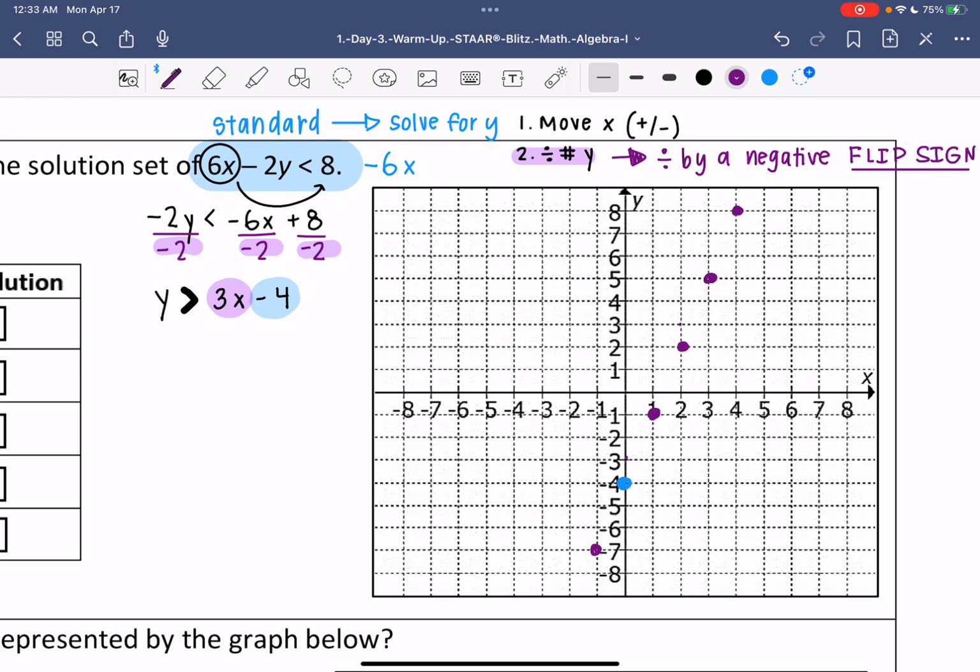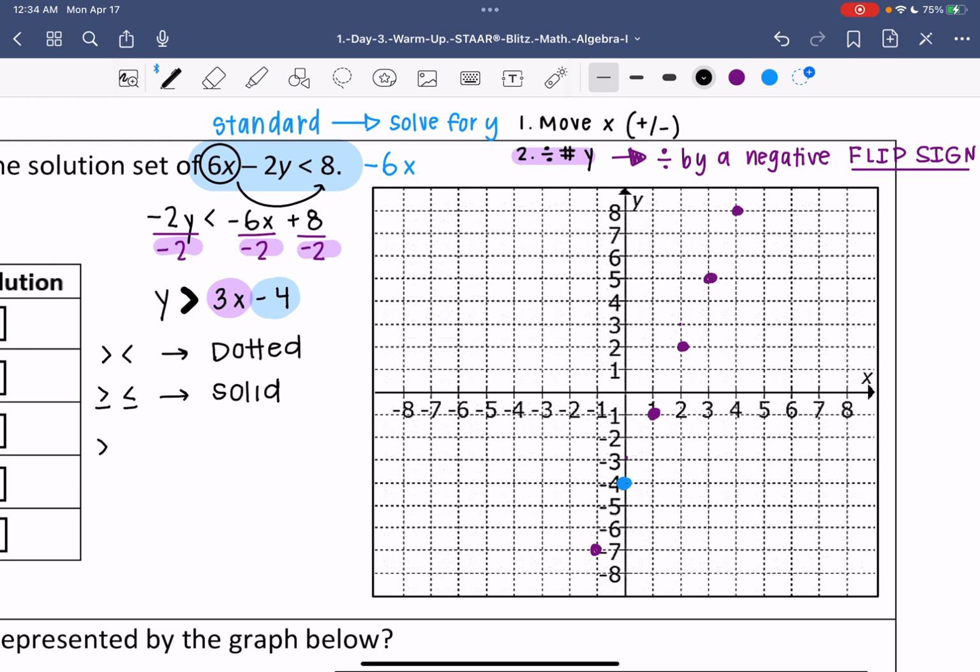So remember our rules. If we have an inequality that is just greater than or less than, this means we're going to do a dotted line. If it's greater than or equal to or less than or equal to, this is going to be a solid line.